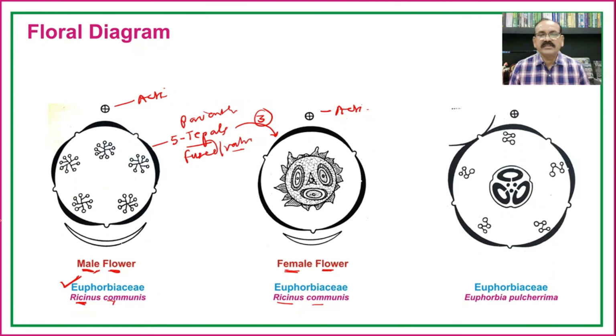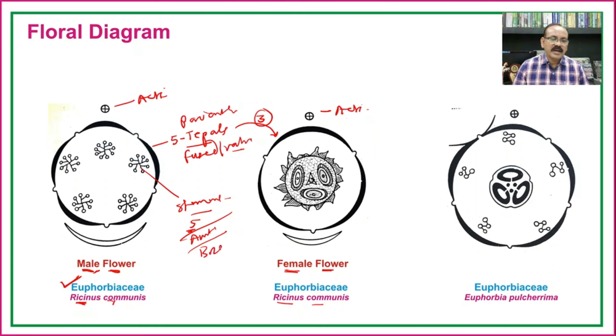This is the difference between the male and female flower of Ricinus communis. Then there is a presence of stamens, which are 5 in number, but here the stamens are branched anthers. So this is a characteristic feature of the male reproductive organ of Ricinus communis.